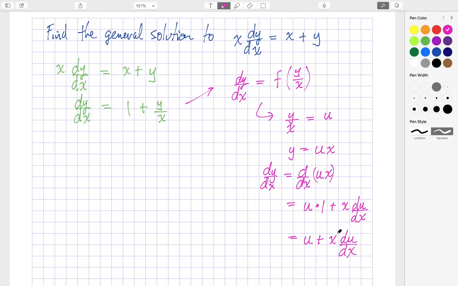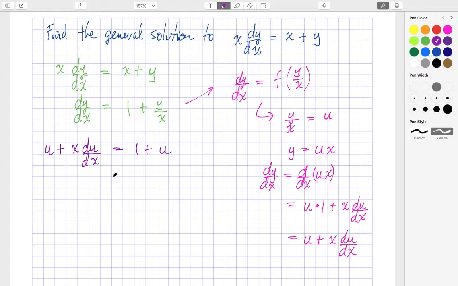Now, we're going to use that to replace our dy by dx. That's what dy by dx is. And we're going to take u and replace our y over x. And take a look what we have when we are finished. On the left, we have u plus x du by dx equals 1 plus u.